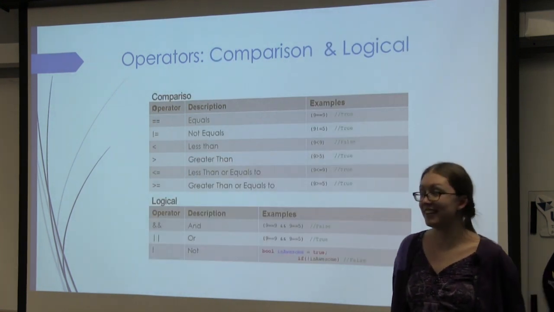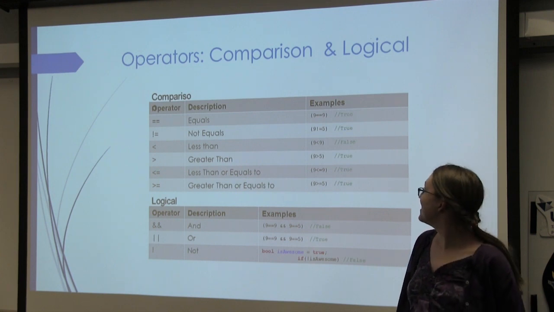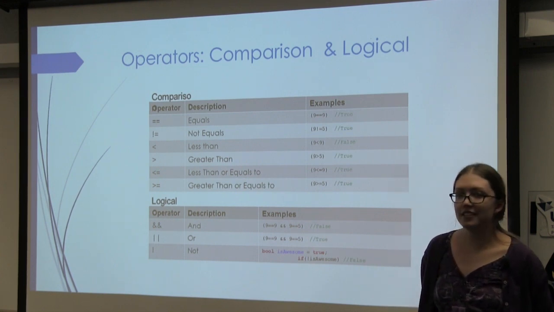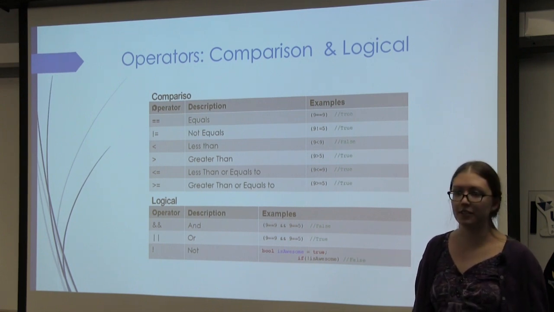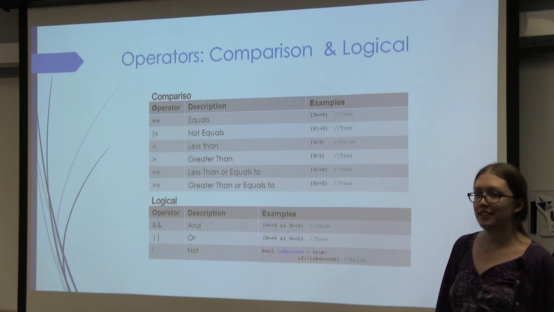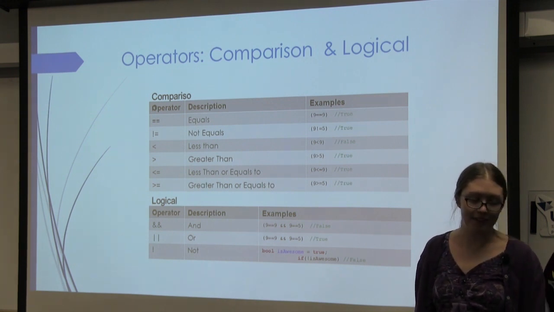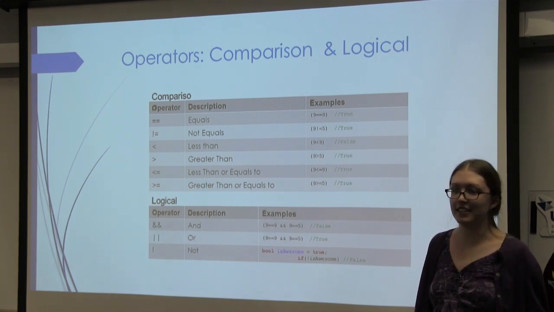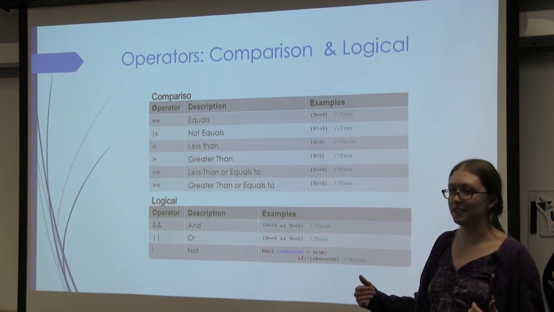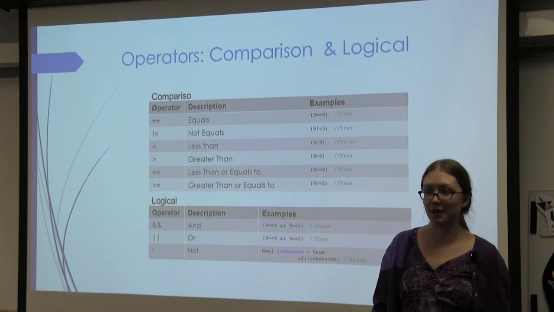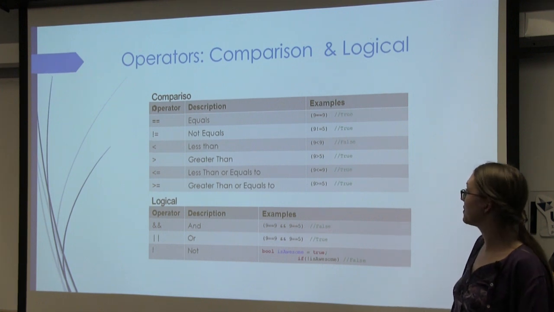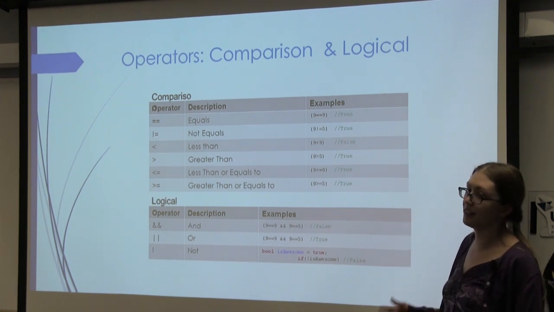Comparison, we'll get into later. When you want to see if something is true, you can do an equals equals. So if you want to see if your value count is equal to 1 and you want to do something. Or in FRC code, it's usually, hey, is this button pressed? That's where you get your equals equals or your not equals.